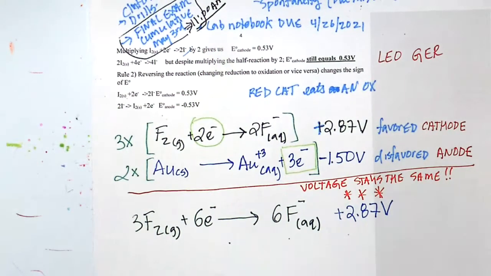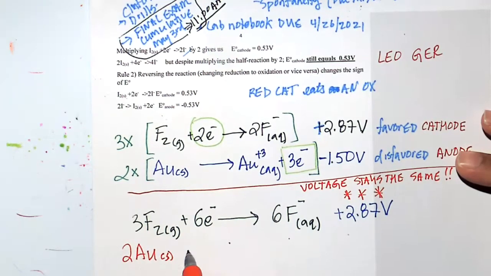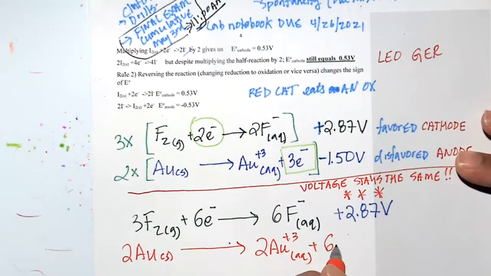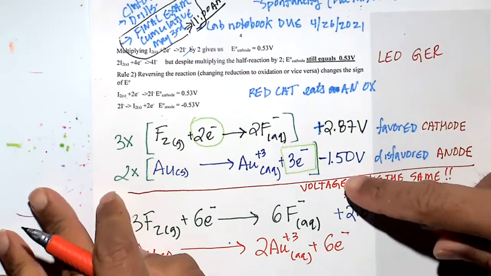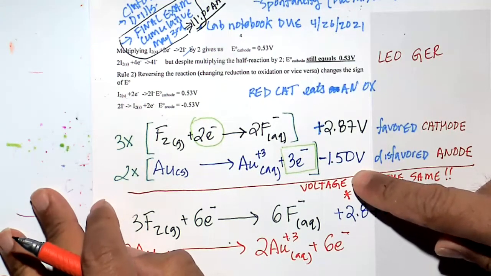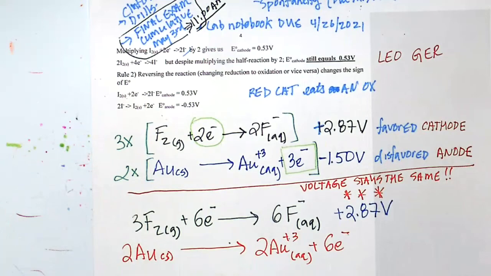All right, what about the bottom half reaction? It's going to be 2Au goes to 2Au plus 3, plus 6e minus, 6 electrons. Is this 2 times minus 1.50 volts? No, it still stays the same. It's still minus 1.50 volts.